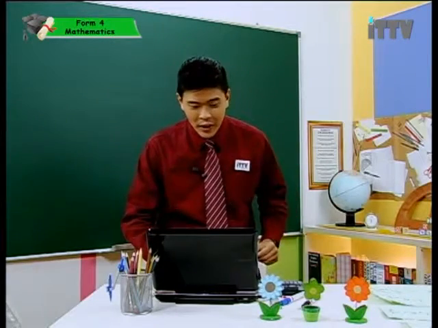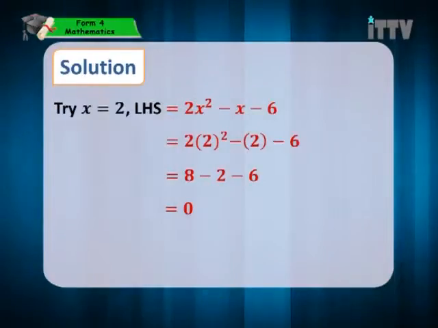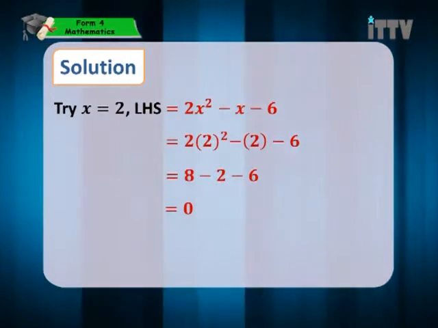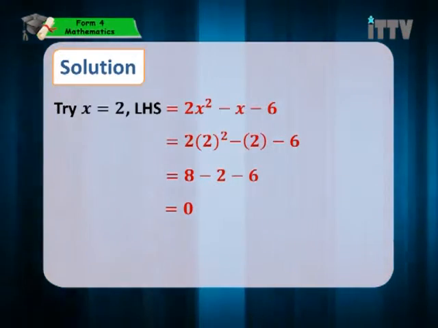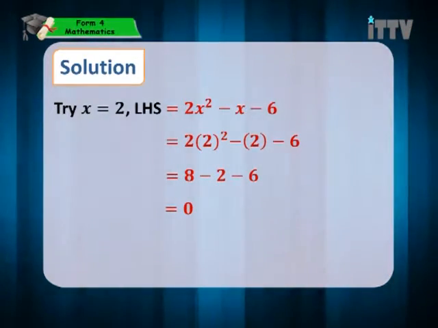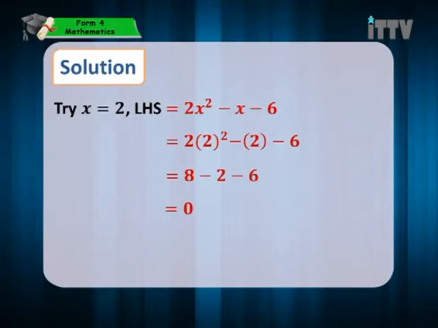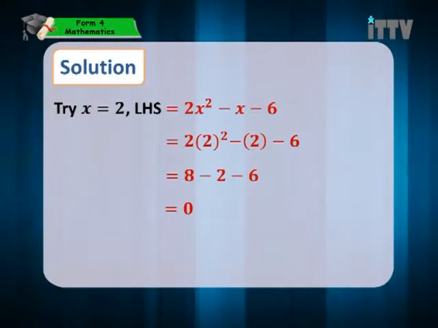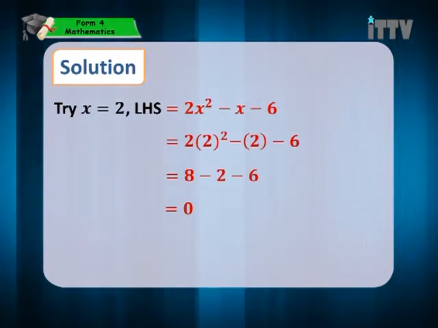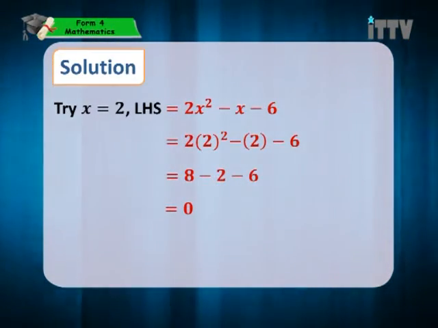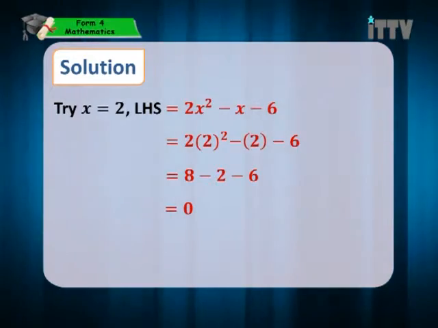Let's go on to another value, x equals 2. Substitute it inside the left hand side, alright, and you can use your calculator to determine the value. So substitute all x as 2, and what value will you get? You should get 8 minus 2 minus 6 after replacing 2 as x. The value is 0.